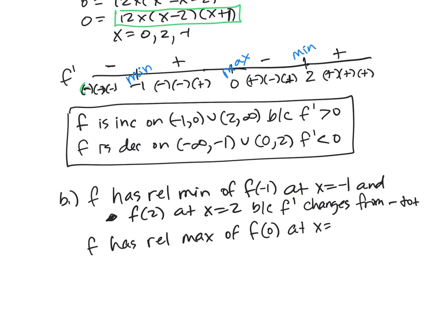And then we'll say f has a relative max of f of 0 at x equals 0, because f prime changes from positive to negative. All right, so that takes care of number 1.